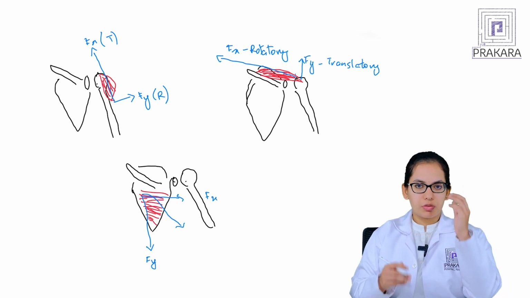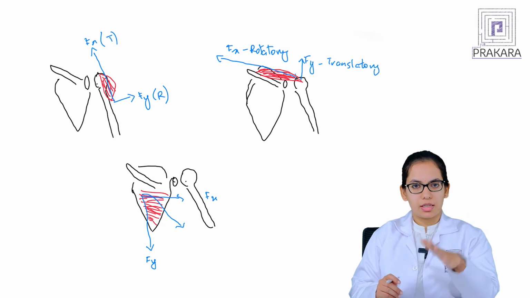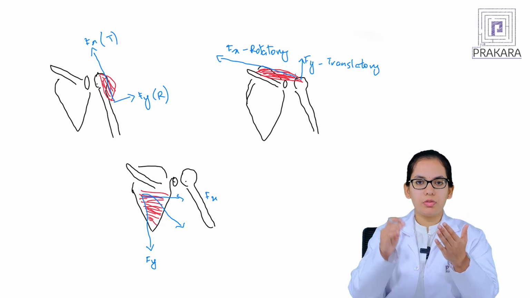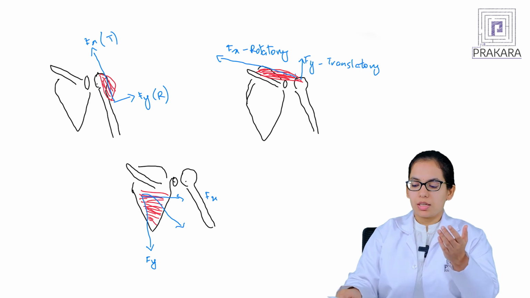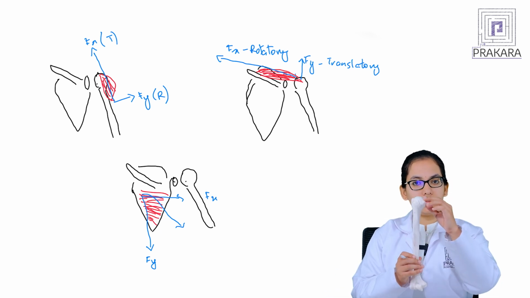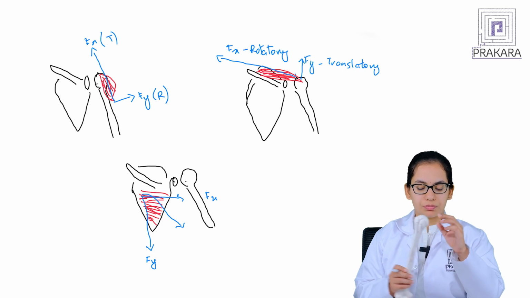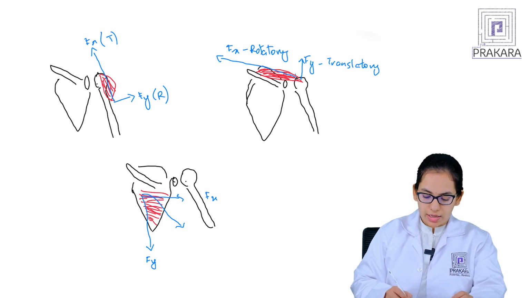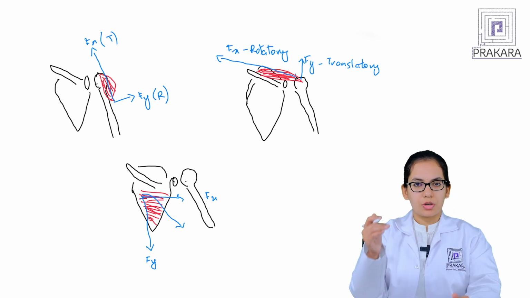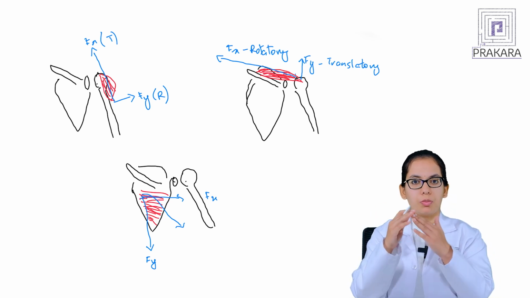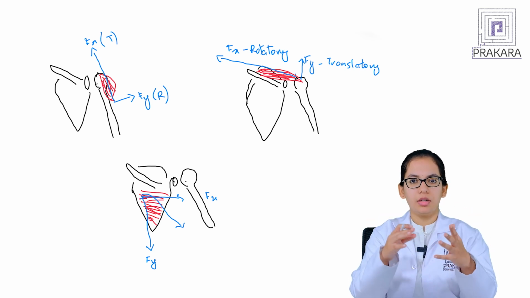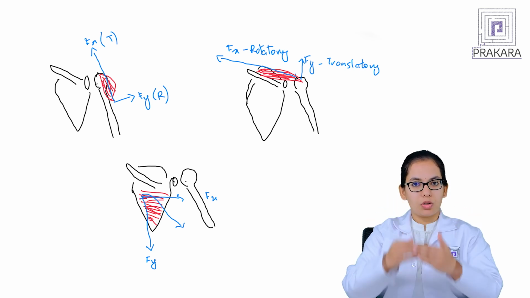Because of the large surface area of both the infraspinatus and subscapularis, their rotatory component and translatory component will be somewhat equal. So they can effectively cause rotation and also effectively cause a downward translation. As you can see here, the action lines are completely opposite. So unlike the supraspinatus and the deltoid, which are causing an upward elevation, three muscles of the rotator cuff will work together to create an action line which will go down.